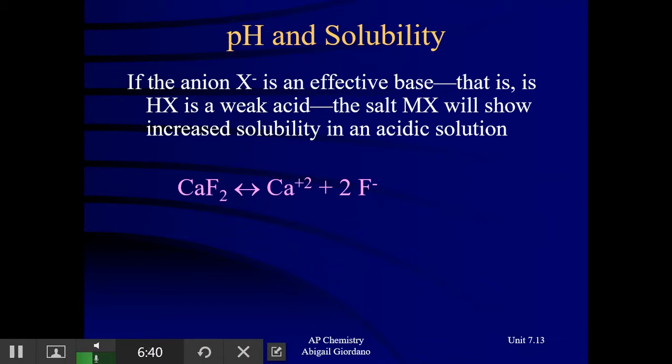Remember what we said. An acidic environment has lots of H3O+. That's called hydronium. Hydronium is not in this reaction, but I'll bet you that hydronium reacts with something on the product side, and it does. This is the reaction that occurs.